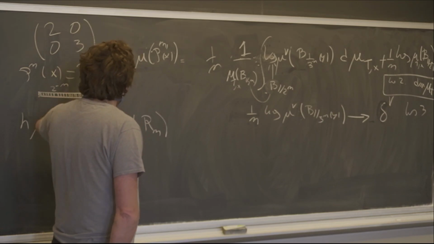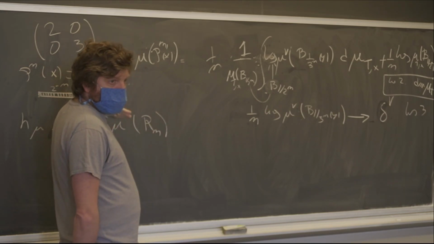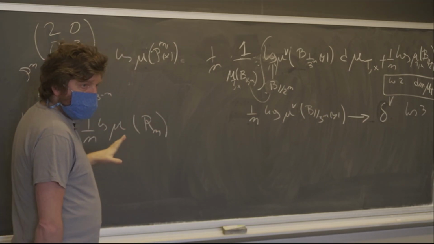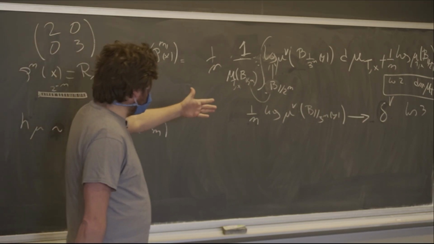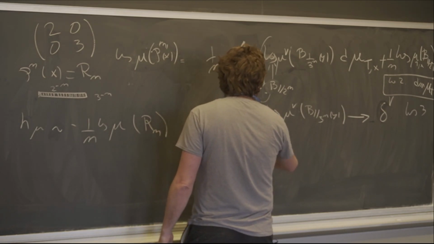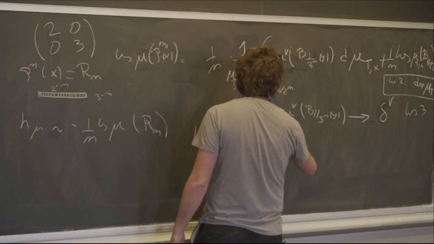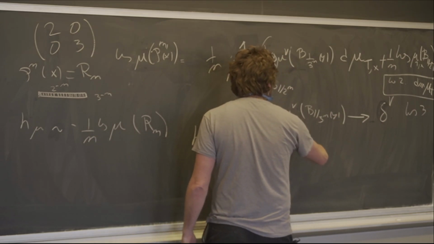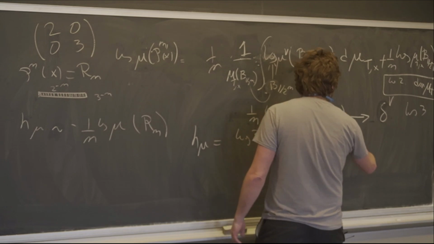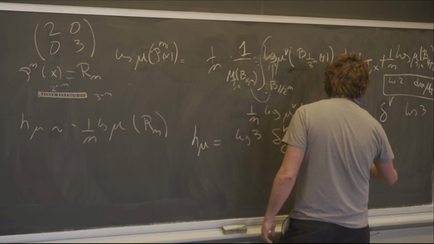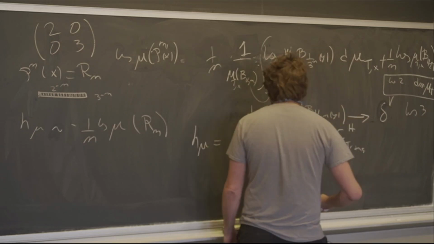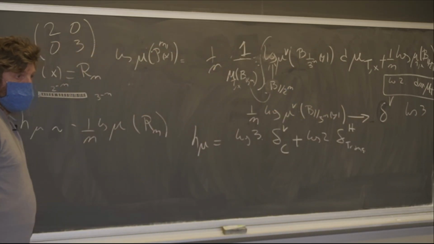I could reverse the roles of times 2 and times 3 in this picture. It's not really much of a problem in here. And I will have the same formula, so the entropy of mu is log 3 times the delta vertical conditional plus log 2 times the delta horizontal transversal. So that's what we got here.